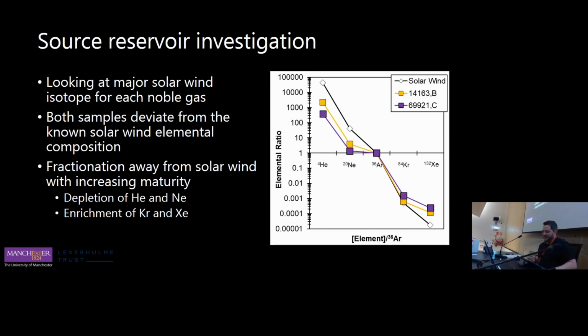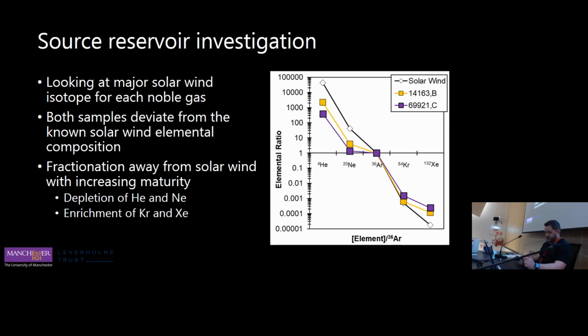So we can look at just the major isotopes of each noble gas element and assess the gas inventory for its fit to known volatile reservoirs. So here we're comparing it to solar wind, which is the black line with the white diamonds. We take each major isotope and we ratio it to 36 argon to give us a nice baseline comparison.